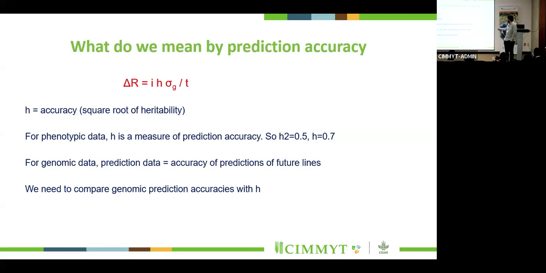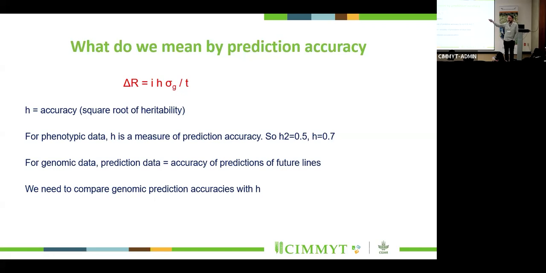Your accuracy is going to be 0.7 because the heritability is low. Your genomic prediction is on the same scale as that. So if your phenotypic ability to predict the performance of your individual in a future yield trial is 0.7, you compare your genomic prediction accuracy to that.